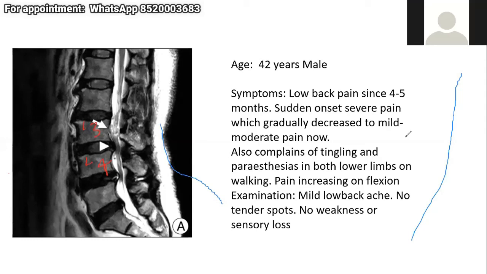After examination, I can't say whether there is a coexistent facet arthritis or not. If there are no tender spots, there is no facet arthritis. Okay, this is a clinical diagnosis. MRI may show facet degeneration, many things, but now he is not symptomatic for facet arthritis. Is there nerve impingement or not?